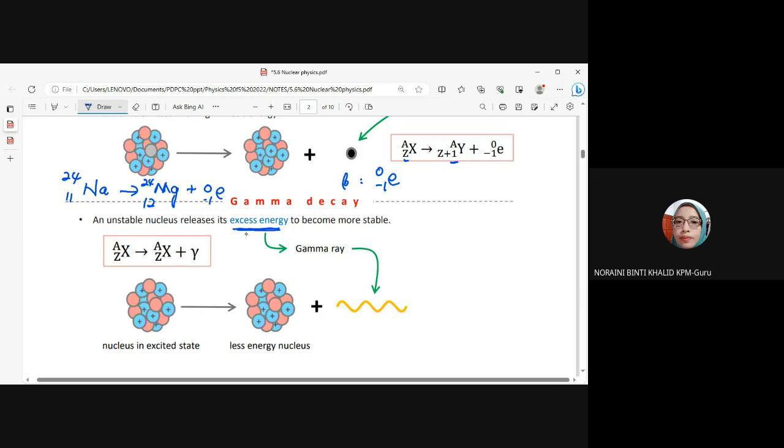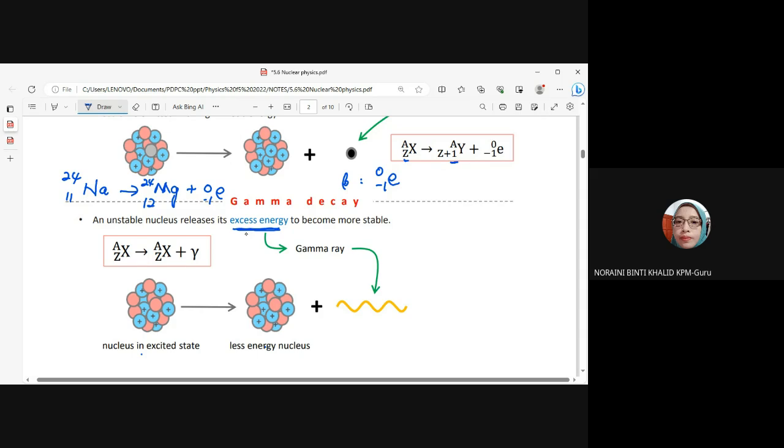This is nucleus in excited state. It undergoes decay process, releases energy in the form of gamma ray. So it becomes a less energetic nucleus. So unstable becomes more stable by emitting energy.